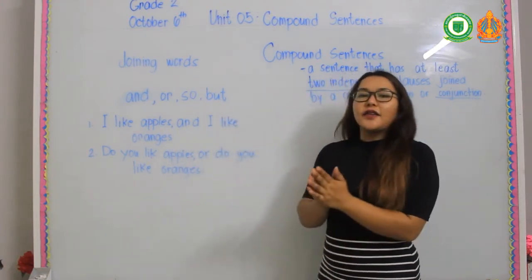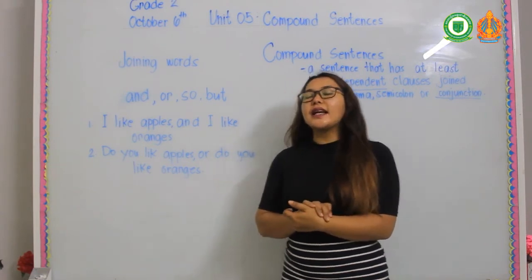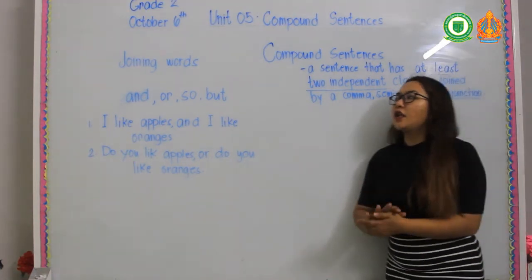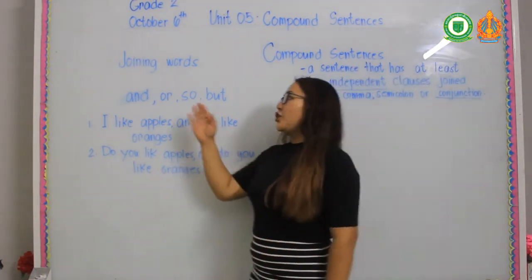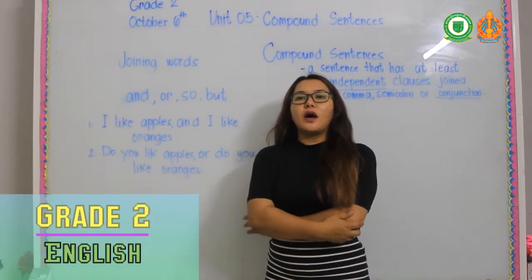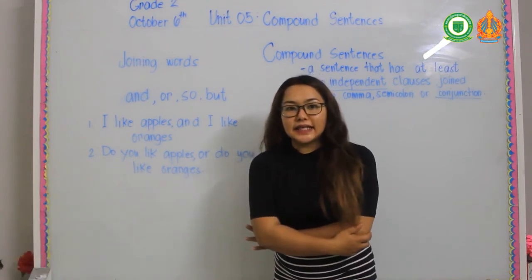So another lesson, another part of our presentation today, as I've mentioned, we have our conjunctions. For today, we will just learn 4 of the joining words. These are conjunctions too, and again, these are used to make compound sentences.